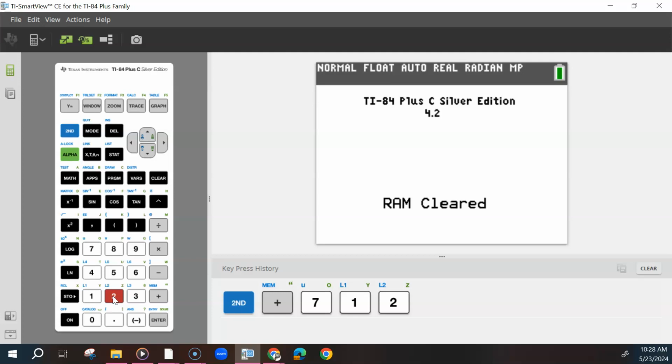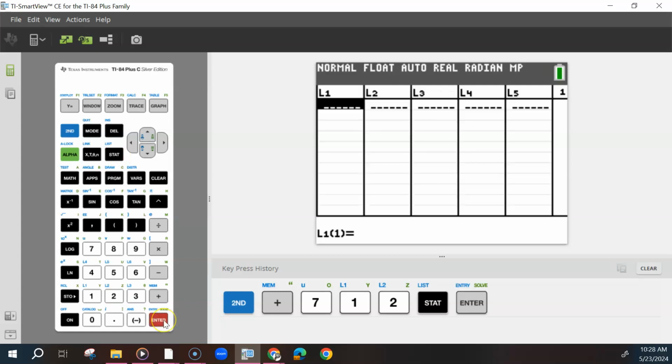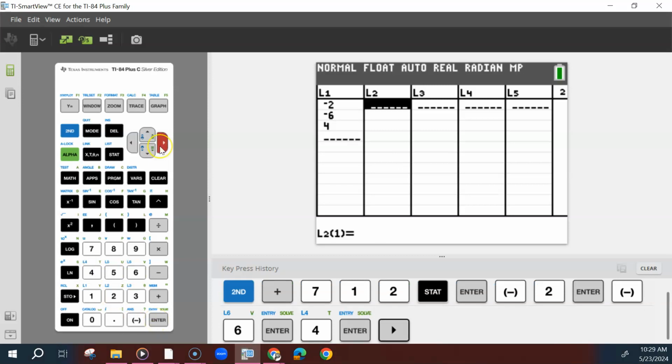And then you're going to go into stat. Go into edit. And you're going to put in the numbers. The x values are going to be L1. And the y values are going to be L2.